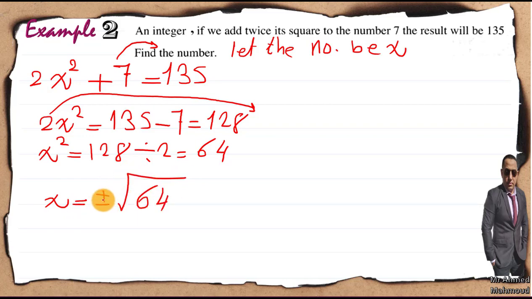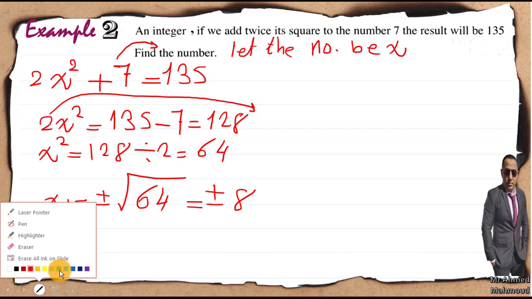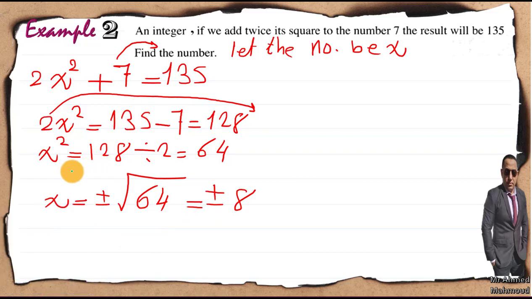Please don't forget negative or positive. So it equals negative or positive 8. Because he asked for an integer, and an integer may be positive or negative, finally the number is 8 or negative 8.